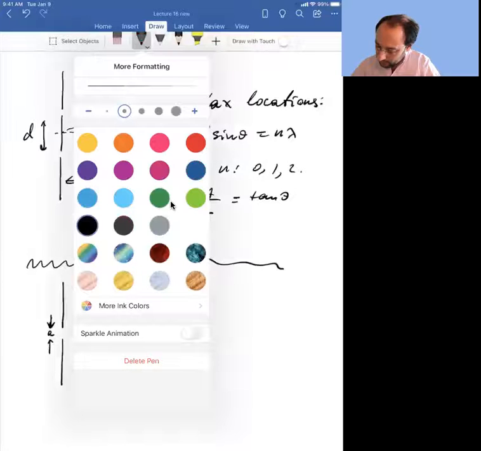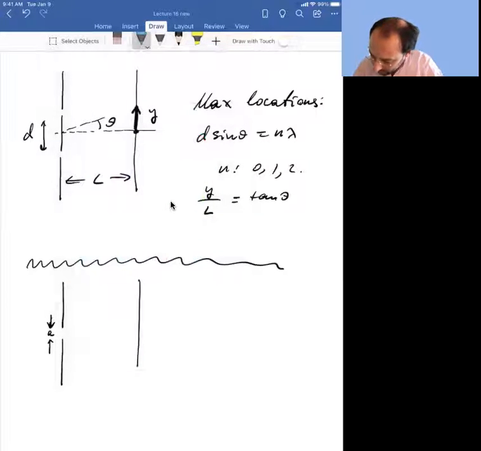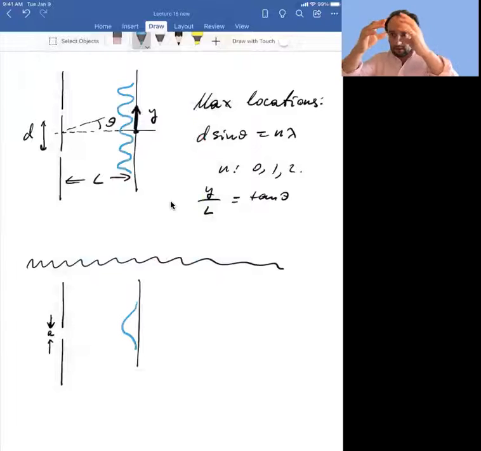I should add that it's a periodic pattern of max and min. So it's the intensity, the brightness, that I'm plotting. In this situation, you also get a pattern that has a central peak, and then there are satellite peaks.